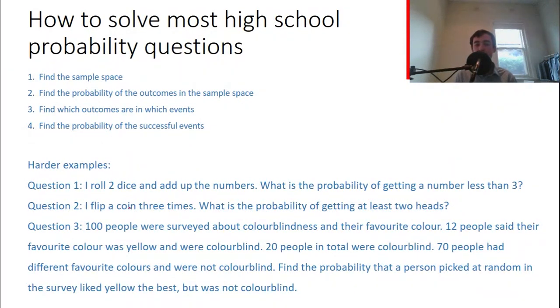So you've got 2 dice, you're rolling them and you're adding up the numbers. And it's a bit tricky because we can't just write a list straight away of all of the possible combinations of numbers that we could get.